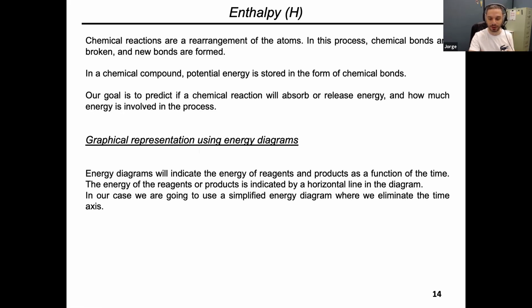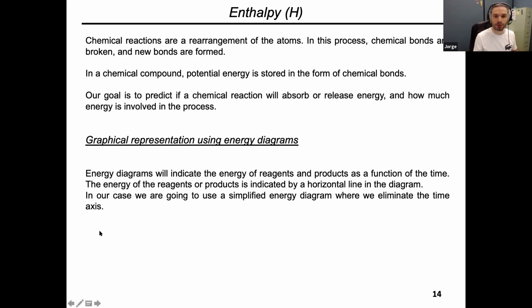So as the reaction progresses, we will be able to draw the energy of the reagents and products. The energy of the reagents or products is indicated by a horizontal line in the diagram.